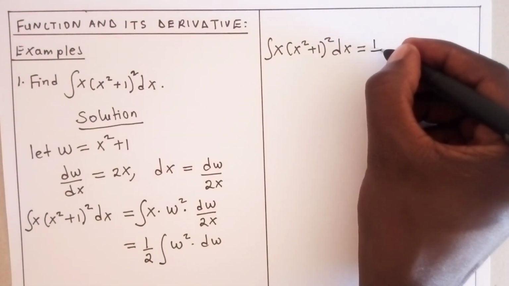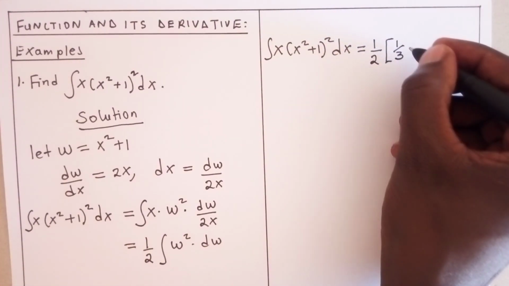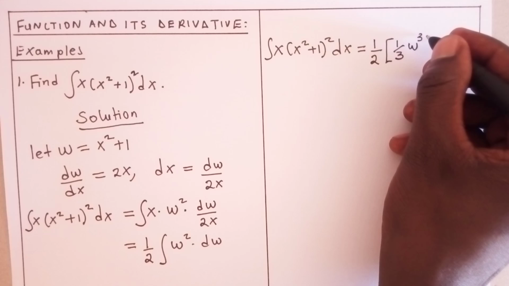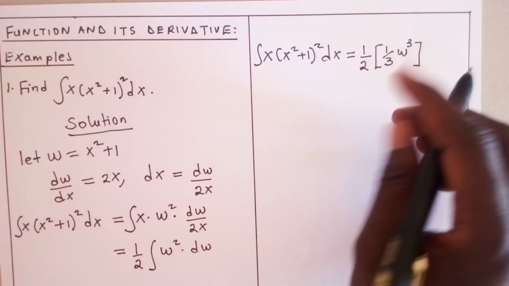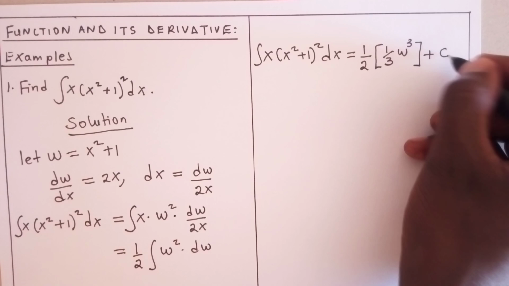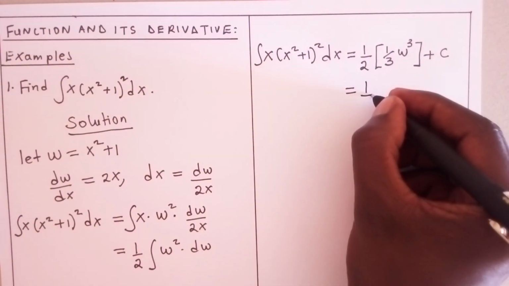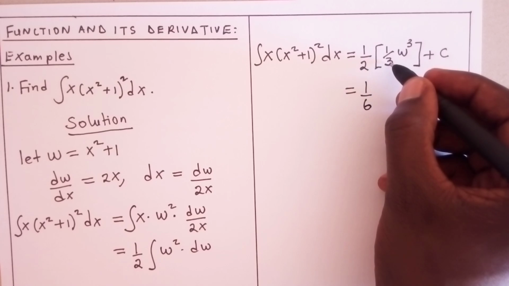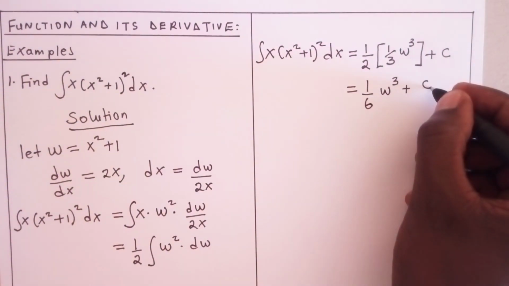So we shall have a half times (1 over 3 w cubed), then plus a constant of integration. So we shall have 1 over 6 w cubed plus c.